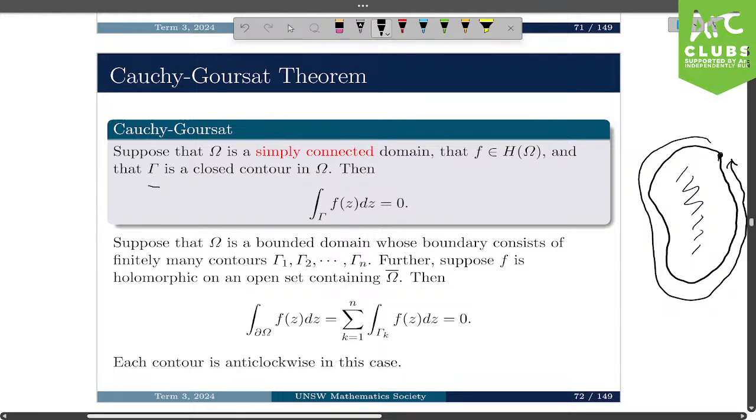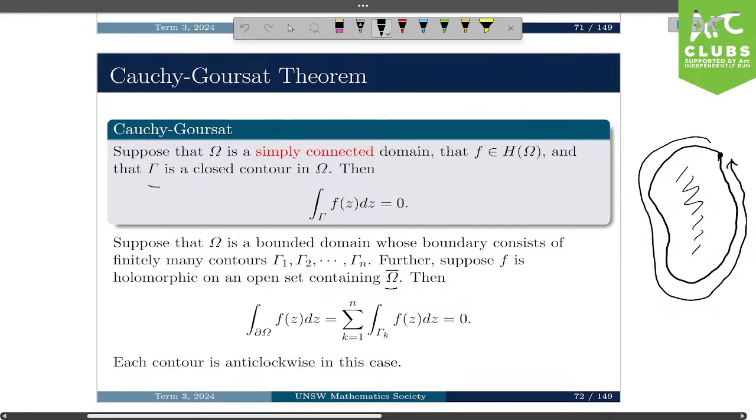So here's a restatement of the theorem. Suppose that omega is a bounded domain whose boundary consists of finitely many contours, gamma 1, gamma 2, gamma 3, on and on to gamma n. And suppose f is holomorphic on an open set containing the closure of omega, which is omega together with all its boundary points.